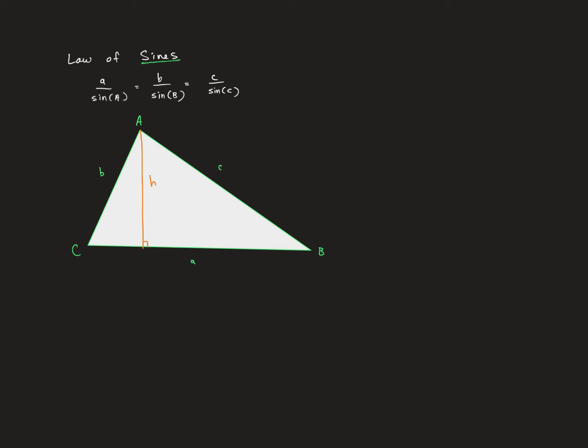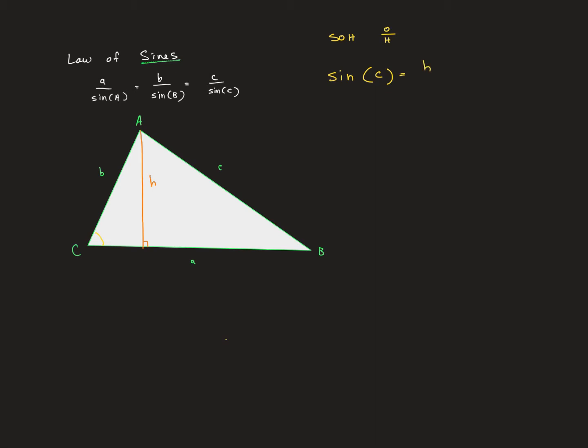And the idea here is that if I look at sine of C, which is opposite over hypotenuse, right? For your SOHCAHTOA, it is opposite over hypotenuse.